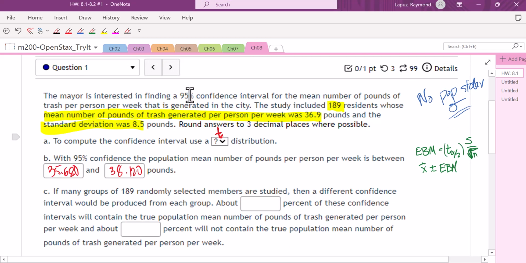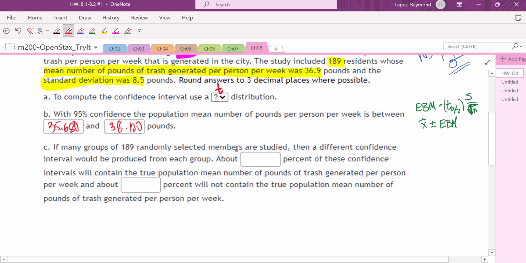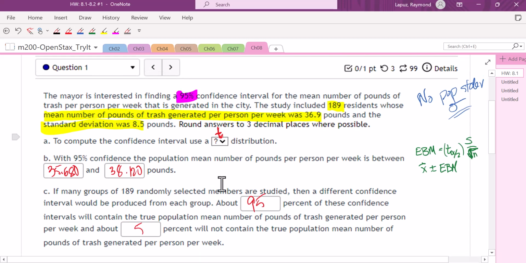Well, it's all based on our confidence level. So to answer those questions, about 95% will contain the true population mean, and about 5% will not contain the true population mean. All right, and I think that's it for this problem. There you have it. Good luck with the homework.